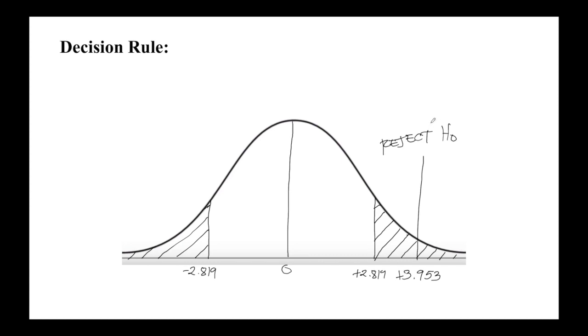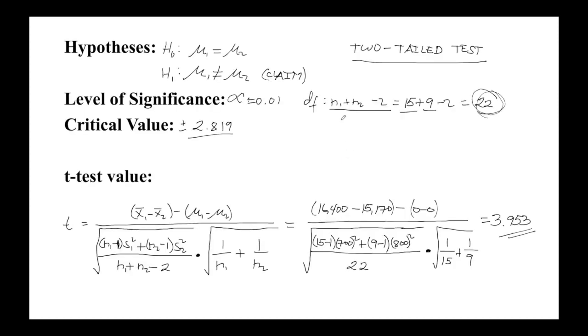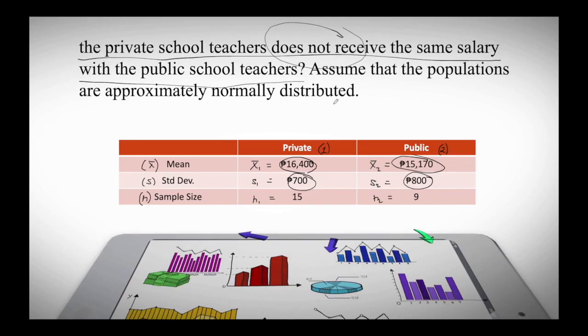Since we reject our null hypothesis, let's go back to our hypothesis. Na-reject ito, therefore, tama ito. And since ito yung claim, therefore, tama yung kiniklaim ng researcher na ang private school teachers daw does not receive the same salary with the public school teachers. Magkaiba daw sila nung nare-receive na salary.